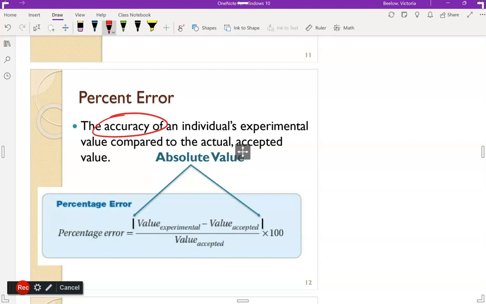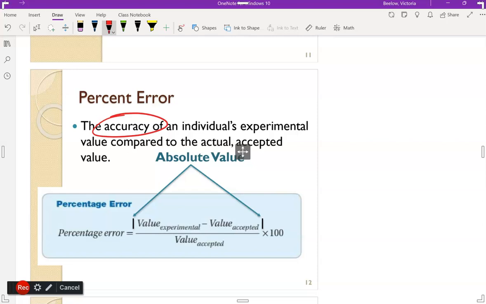Let's say when we get to gas laws, a constant, we call it R, is 0.0821. So you will do a lab, calculate that value, and then compare it to that actual value.